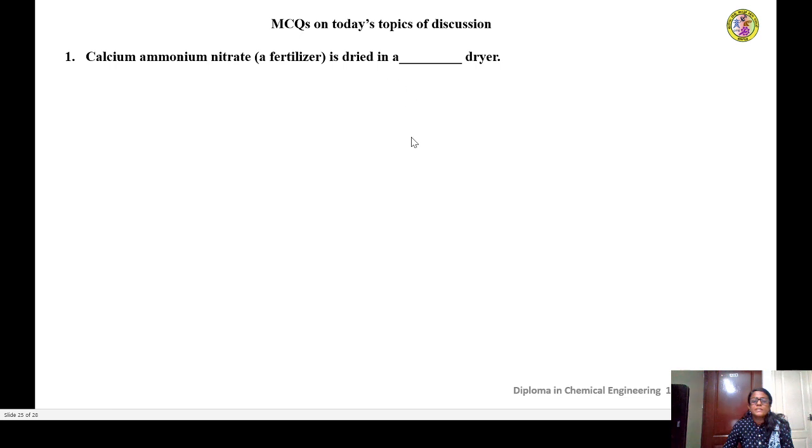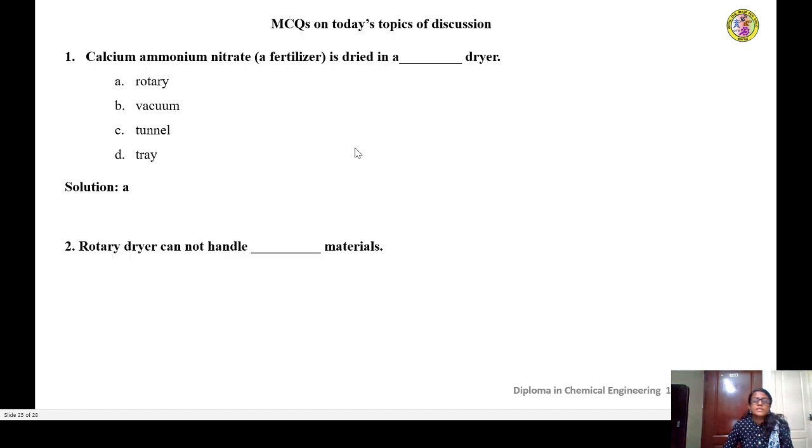Calcium ammonium nitrate is dried in a rotary dryer because the rotary dryer is suitable for granular material and most of the fertilizers are produced in the form of granules. So option E is the right answer. Next, a rotary dryer cannot handle which materials: free flowing, dry, sticky, granular?